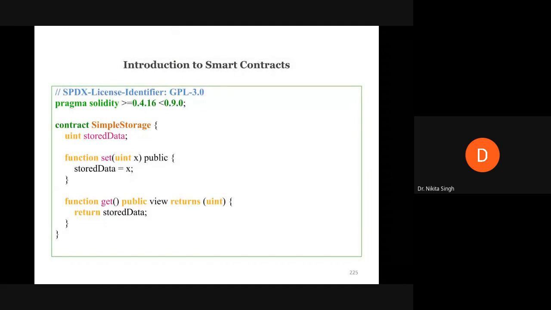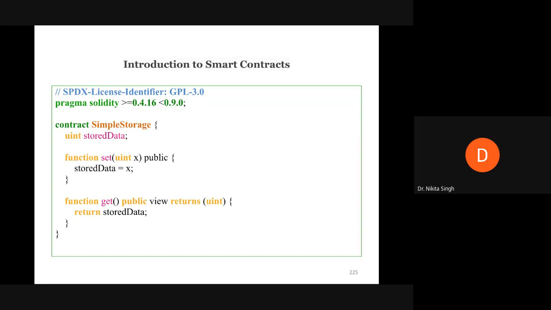So what it means is that your file is compatible. You can compile this file with a version greater than or equal to 0.4.16 but less than 0.9.0. So if you run this Solidity file with any version outside this range, it means that your Solidity file will not run.